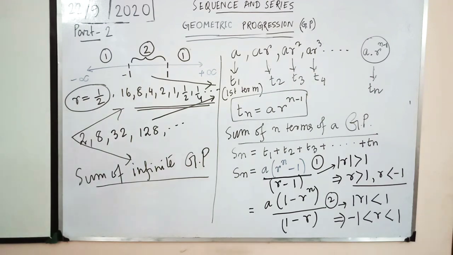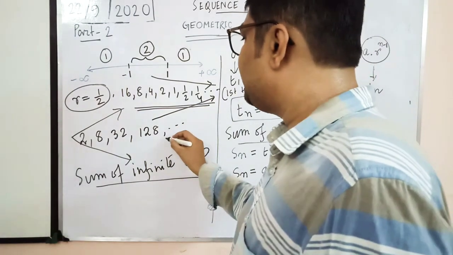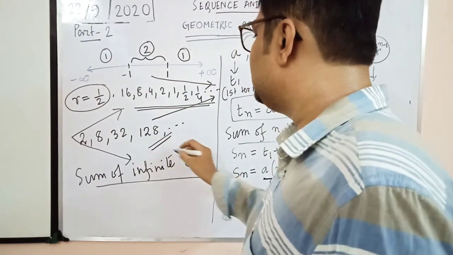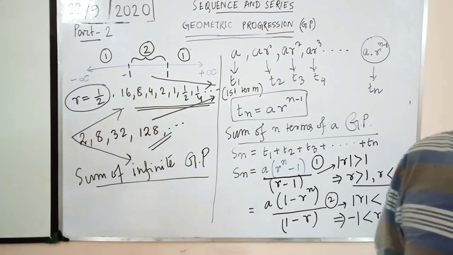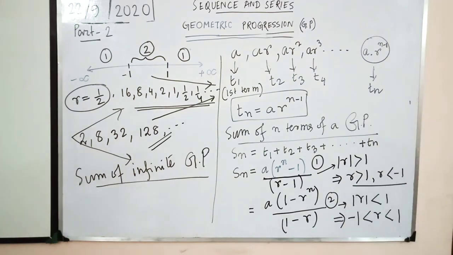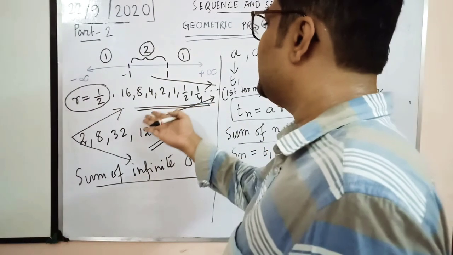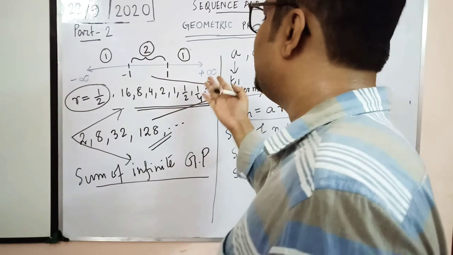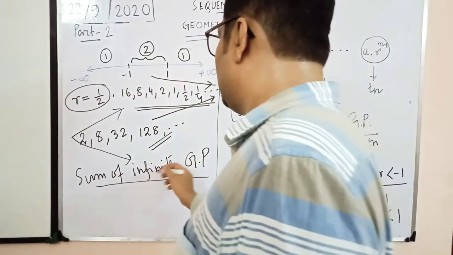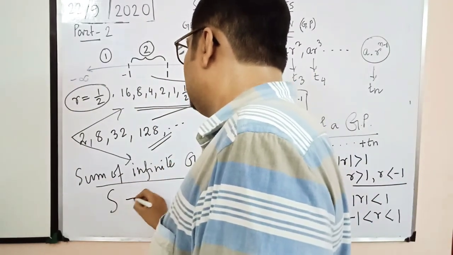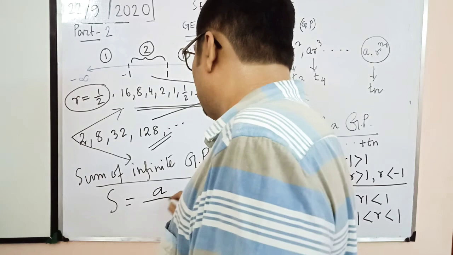For a series where r is bigger than 1, you cannot get the sum, because it increases and increases, so the sum will be infinity only. But for a convergent kind of series, you get the sum S equals a by 1 minus r.